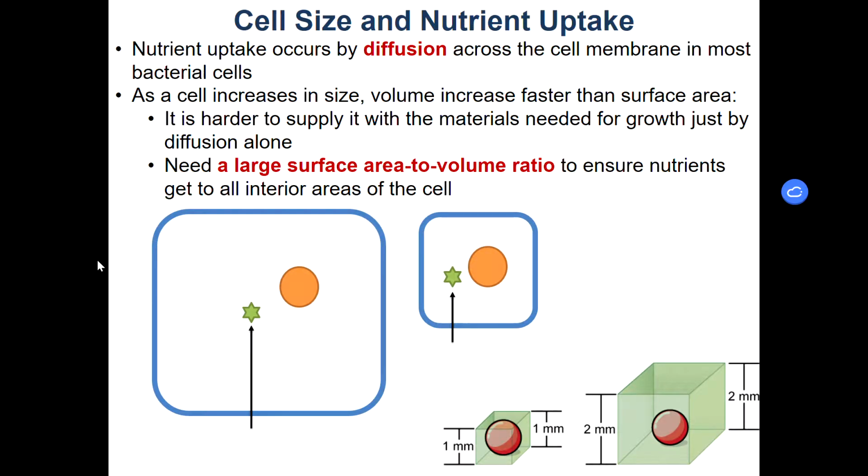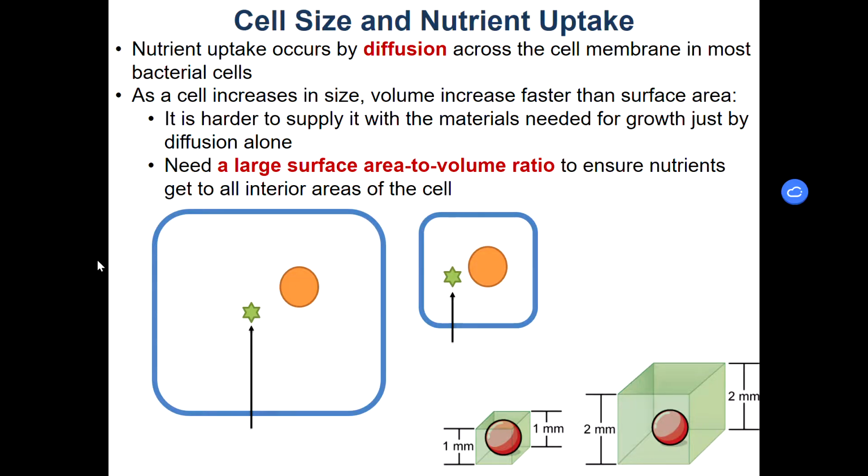So here I have two very simple cells that I drew, and you can see it takes a lot more distance for my little green nutrient to get in to the center of the cell if it's bigger. As you get bigger, your volume increases faster than your surface area.